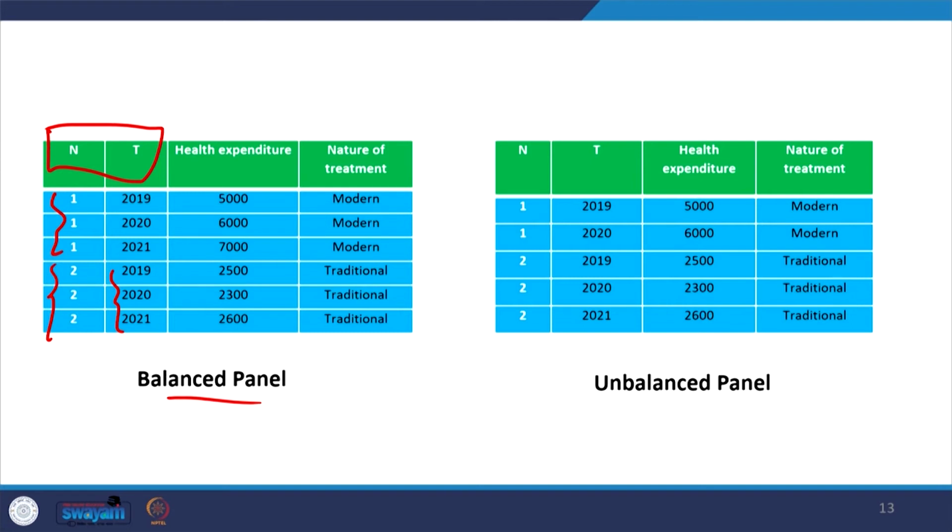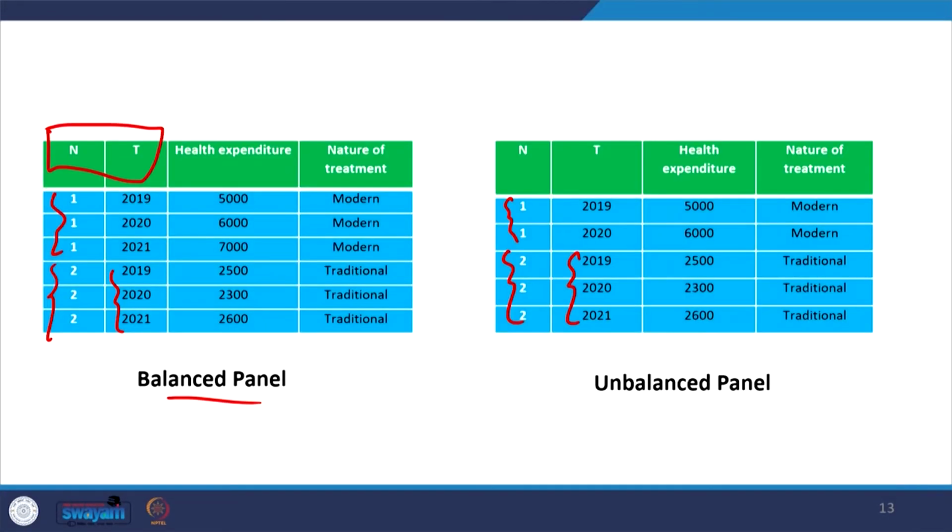The second one is called unbalanced because you can see the first observation has 2019 and 20, so 21 is missing here, whereas the second is available in all three periods. So 2021 for the first observation is missing in all its information, therefore this is called an unbalanced panel.